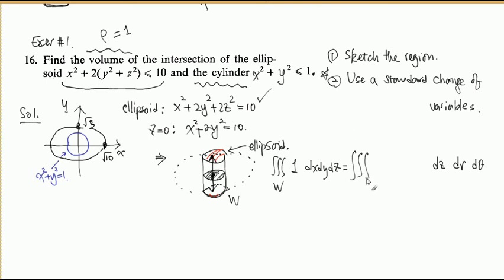Think about where z has to vary first. And there is the density function 1. And what is the Jacobian? R, right? R, so that's it.